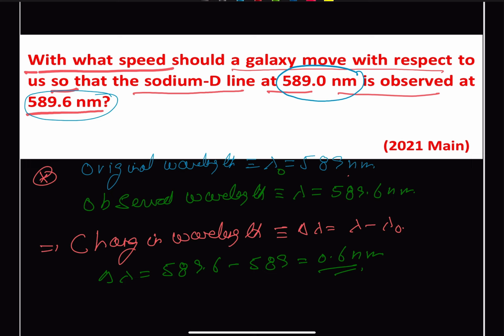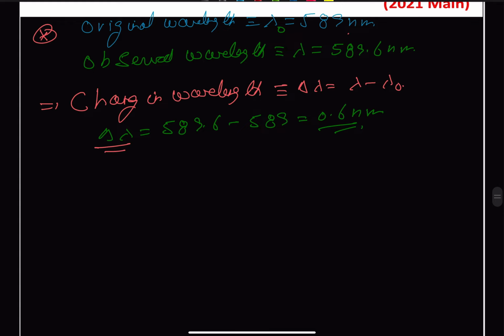And we know the relationship of the velocity with respect to the change in the wavelength as well as the speed of light. So we are going to use that relationship.